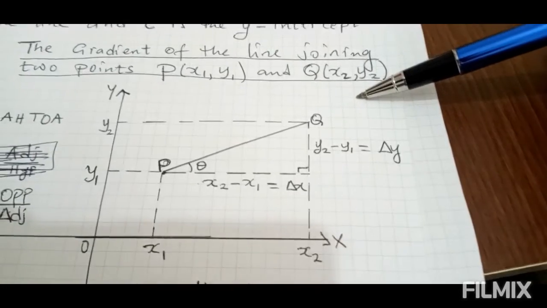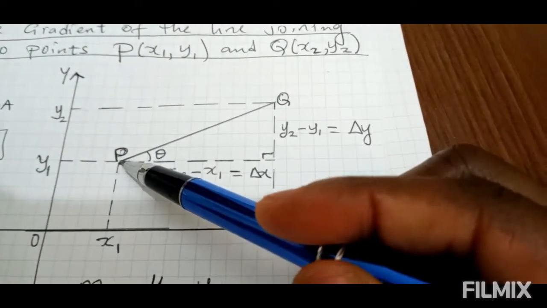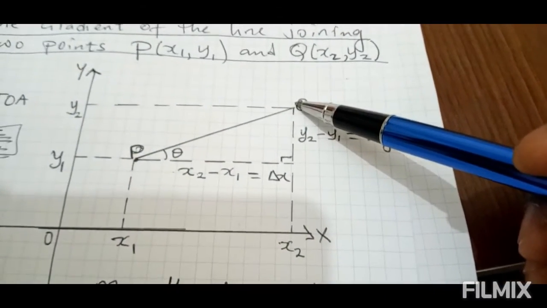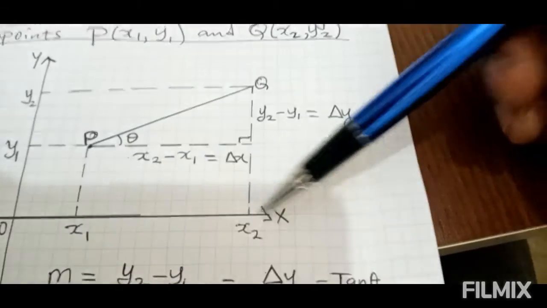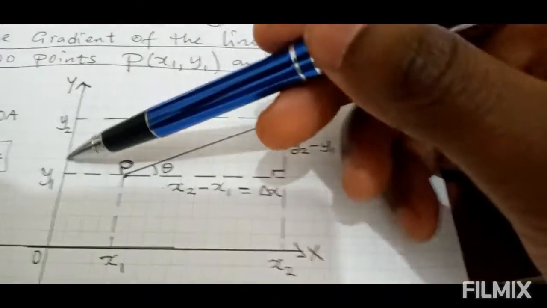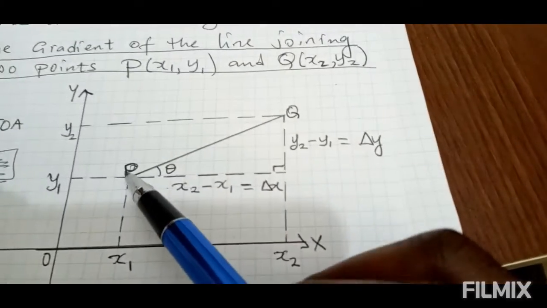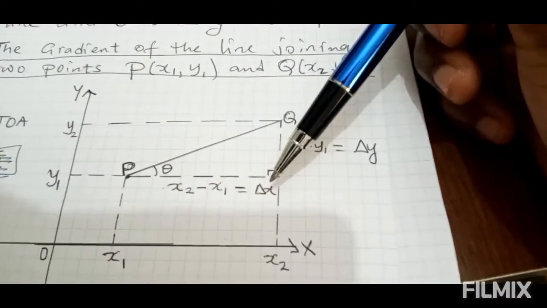Now we draw the line joining these 2 points. As you can see, we have x1 here and we have x2 here. We have our y1 here and y2 here. When we join these lines, we construct a right angle triangle.